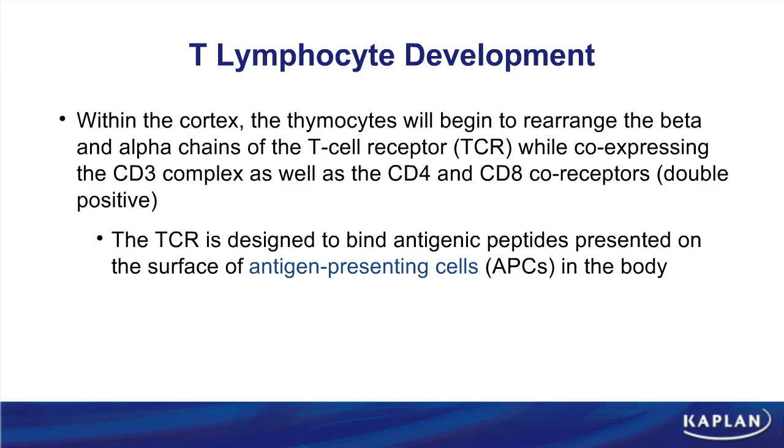That peptide actually has to be coupled to and presented by a unique group of molecules referred to as the major histocompatibility complex antigens, better known as MHCs. Now, the MHCs are typically found on the surface of antigen-presenting cells, and as we're about to discuss, our MHCs come in two flavors. They come in a class 1 and they come in a class 2.